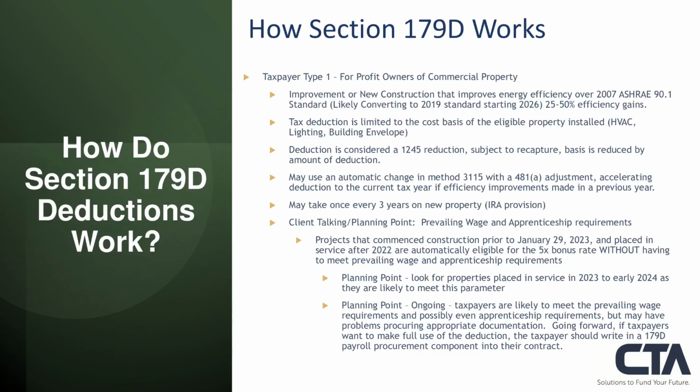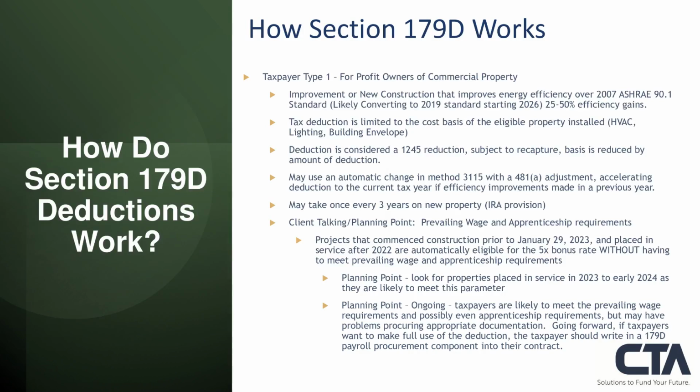So one of the cool parts about this is being able to time this deduction with particular tax issues that may occur, especially if we're looking historically at a client that may be in trouble. I say in trouble from a tax perspective. That means that they owe a lot more in tax than they have in the past.